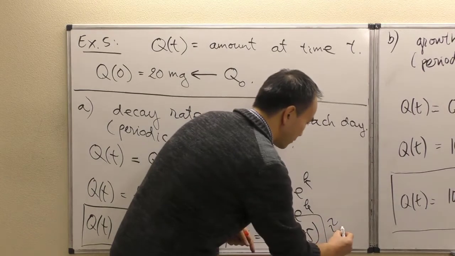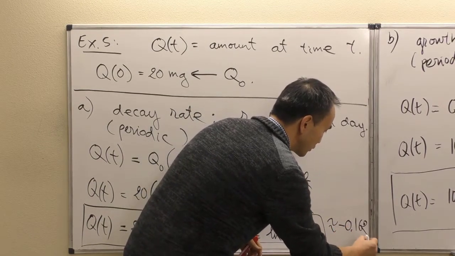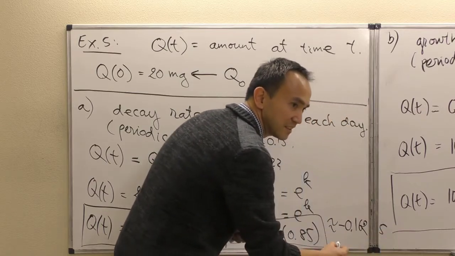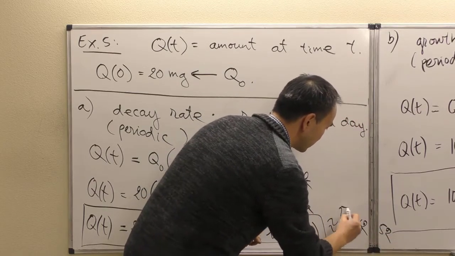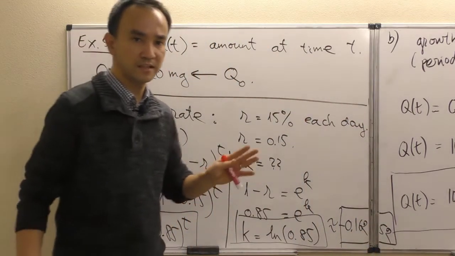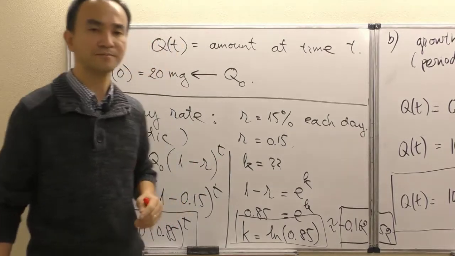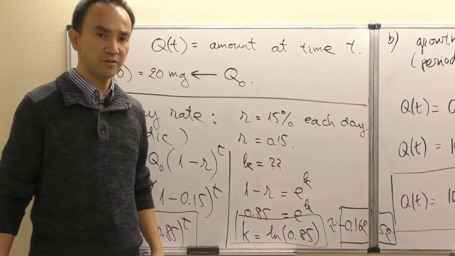So it's approximately negative 0.16252. That's the value right there, and that's the continuous decay rate.